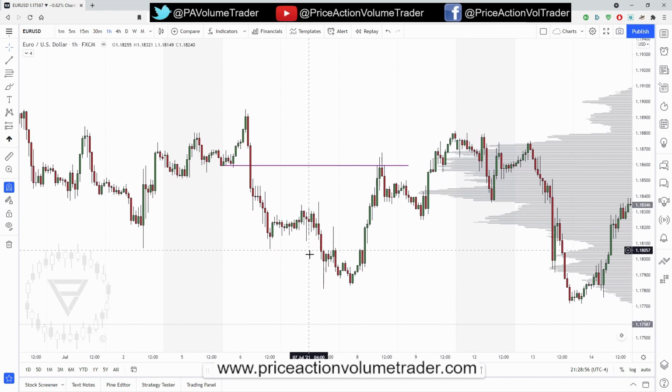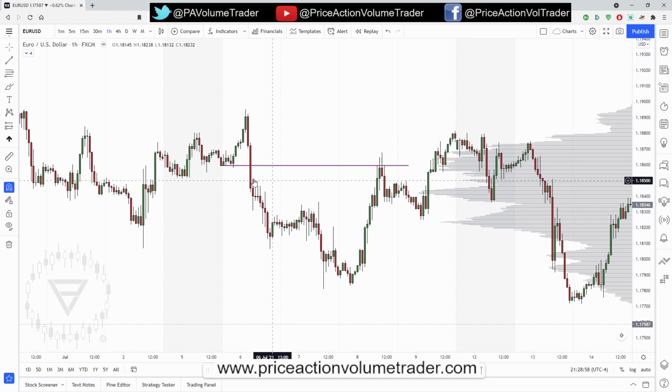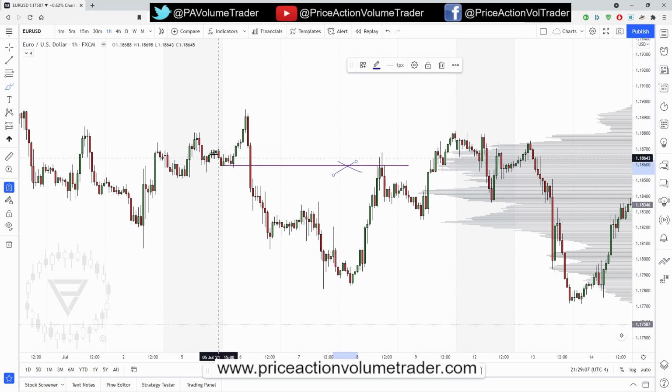And when we start pushing up, I know that the first obvious area I need to get out is right at that consolidation before we pushed out and formed the gap.